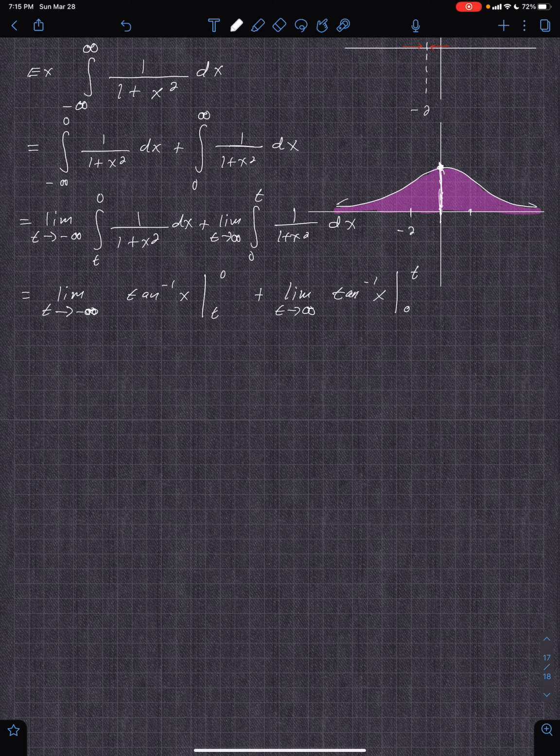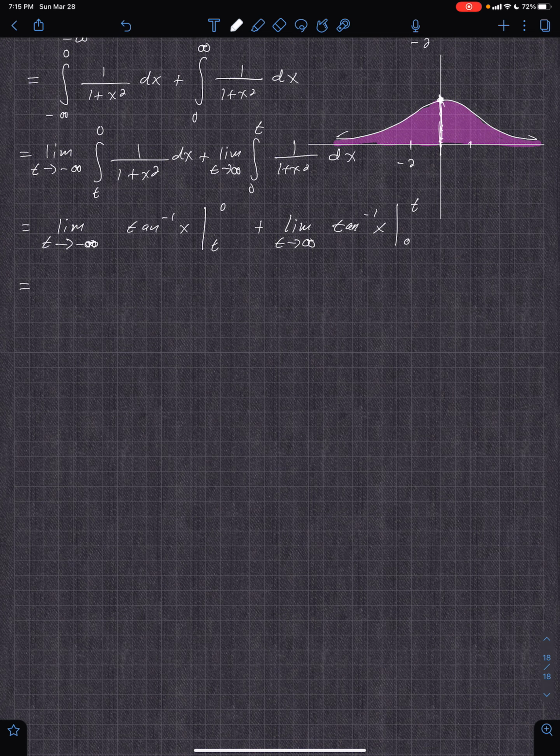And then you have to be really careful when you substitute this in because you get different values. So tan inverse, and you may want to look this up, but when you put in 0, you get 0, and then it's minus. And if you approach negative infinity, you get negative pi halves.